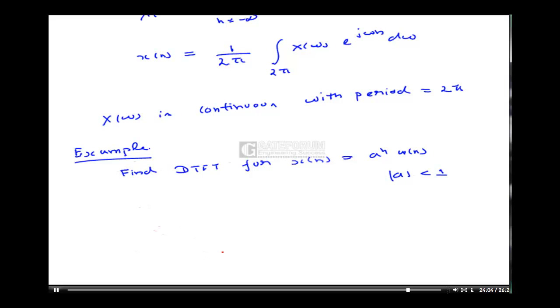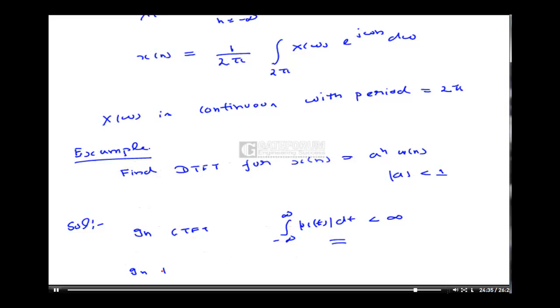If x of n is convergent, then definitely the DTFT will exist, because we have seen the Dirichlet's conditions for Fourier transforms in the continuous time domain, where the signal should be absolutely integrable. In CTFT, the condition is that the integral from minus infinity to infinity of mod x of t dt should be less than infinity. That means it is absolutely integrable.